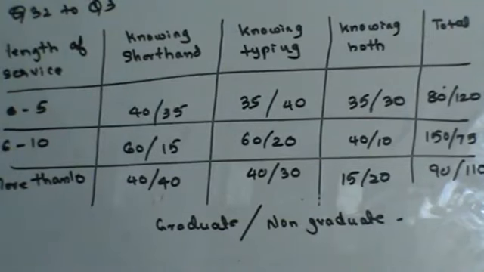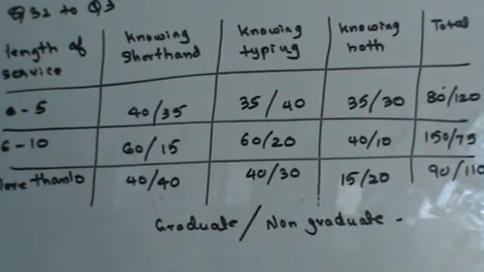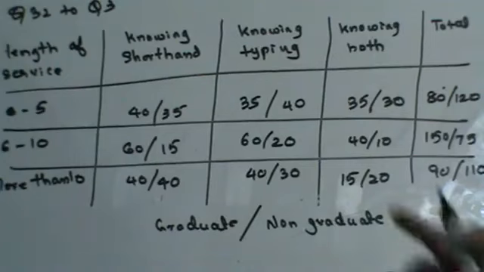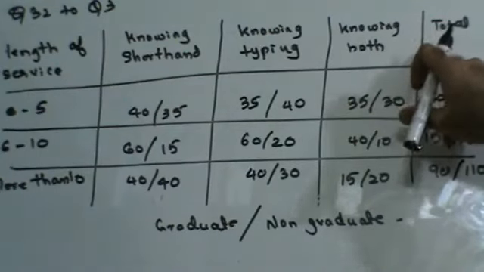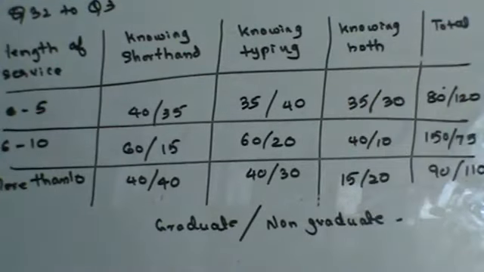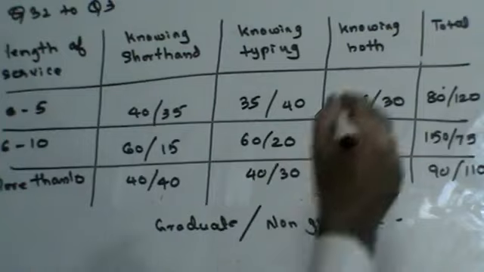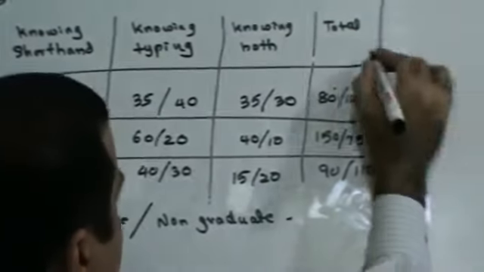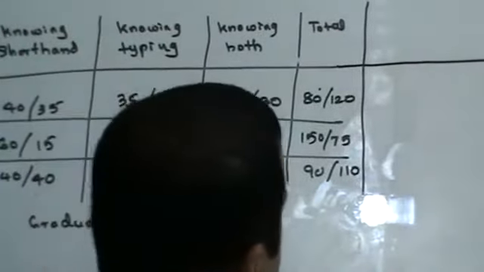The first number indicates graduate, the second number indicates non-graduate. People who know shorthand, it's quite possible that they know typing also, because the fact that they've given you knowing both means there must be people who know shorthand and also know typing. First thing I need to find out is those people who know only shorthand. I'm going to continue the table, guys.